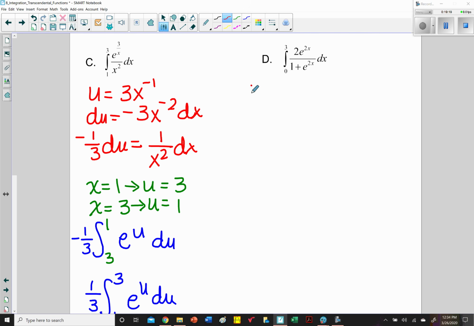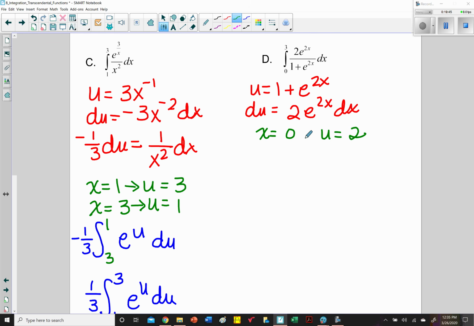So let's try the denominator for the u substitute. And that derivative is 2e to the 2x dx, which is our numerator up here. Replacing the bounds, so changing the variables. When x is 0, u is 1 plus 1, so u is 2.